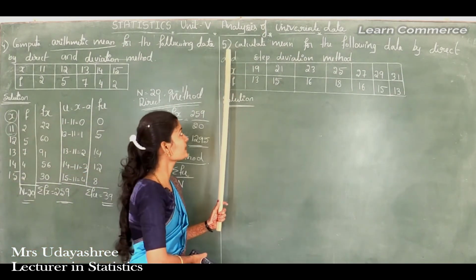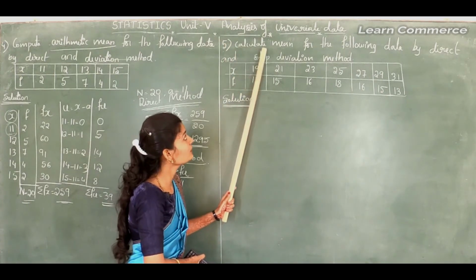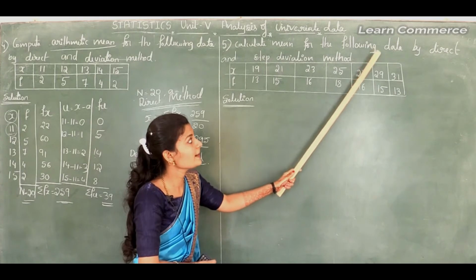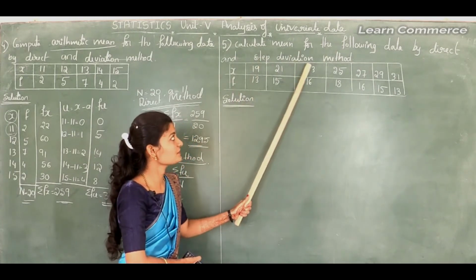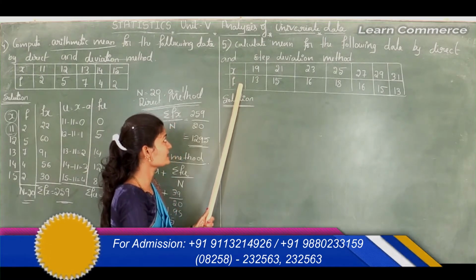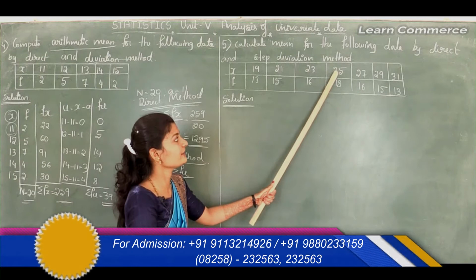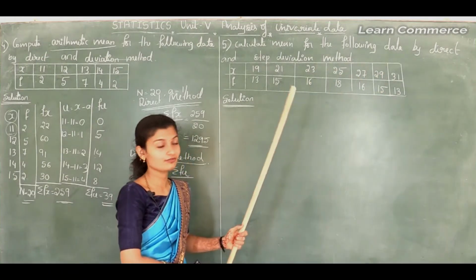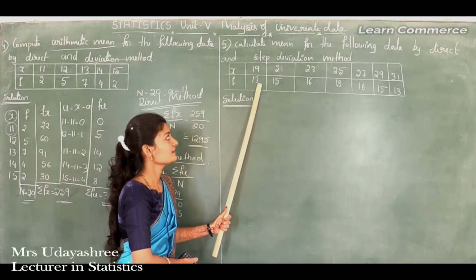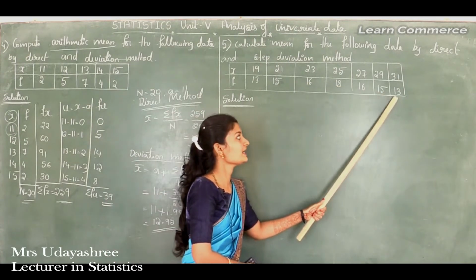Here the second problem, number 5, is: calculate the mean for the following data by the direct and step deviation method. The given informations are x and f observations. The x observations are 19, 21, 23, 25, 27, 29 and 31, and the f observations are 13, 15, 16, 18, 16, 15 and 13.